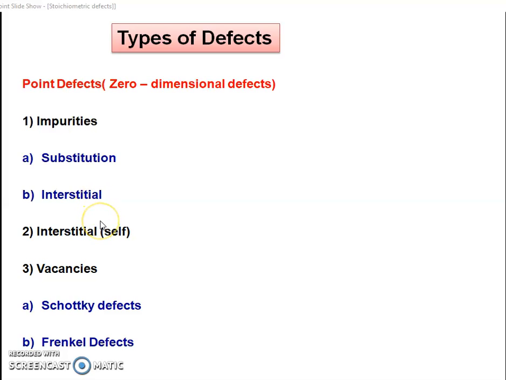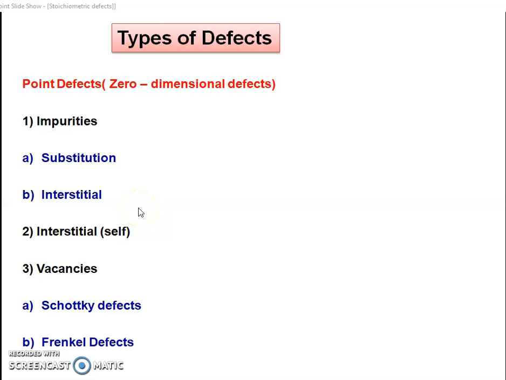The next type of defect present in crystals is interstitial point defects, and the third is vacancies. So these three types of point defects, impurities, interstitials and vacancies, are present in crystals.